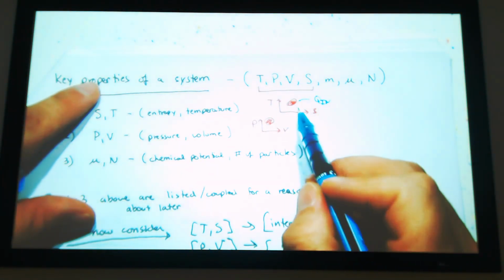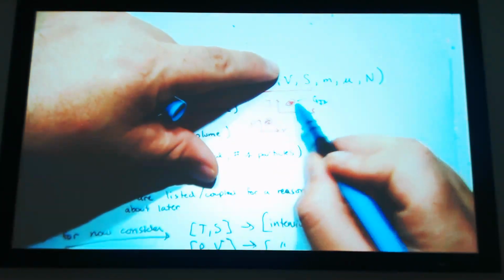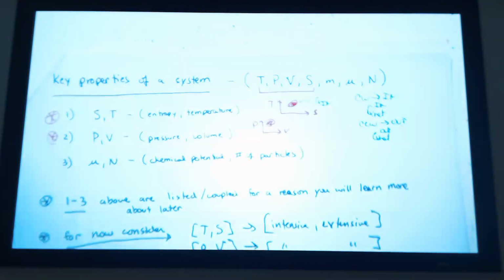So this one is related to heat, and then I can do another thing. If I have clockwise, which is 2 letters in, so it's Q net in. And if it's counterclockwise, there's 3 letters out, so it's heat net out.